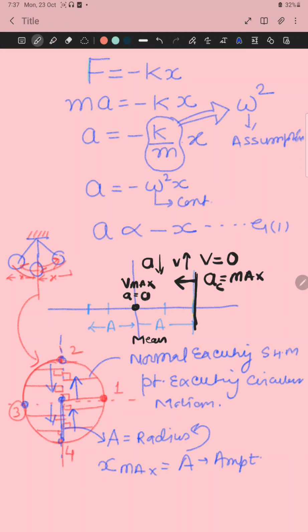And once again the particle goes further to its next extreme, once again velocity will turn to 0 and acceleration would be maximum. Clear?